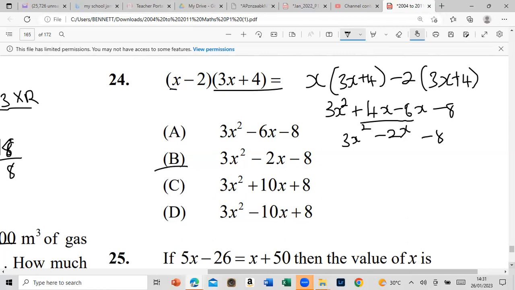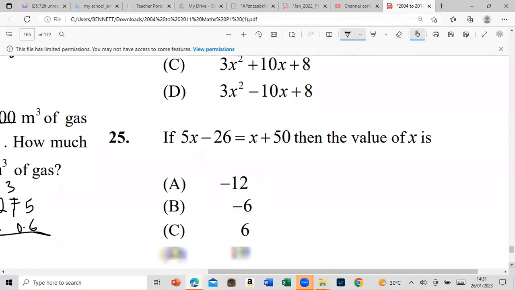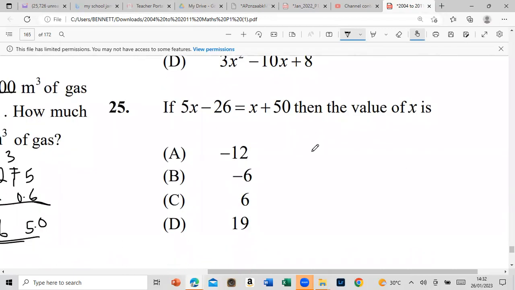This one says if 5x minus 26 is equal to x plus 50, then the value of x is, what's the answer for this, guys? 30 seconds. You don't need more than that. You don't need more than that, guys. Remember, the left hand side is equal to the right hand side.